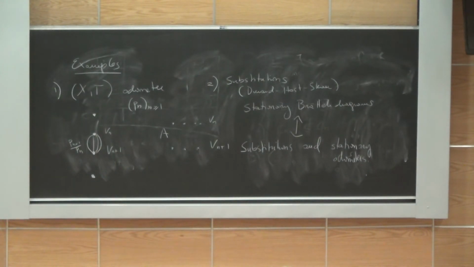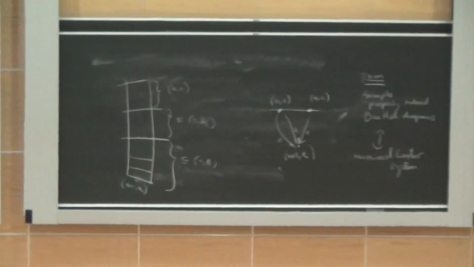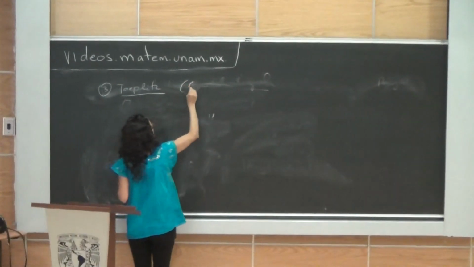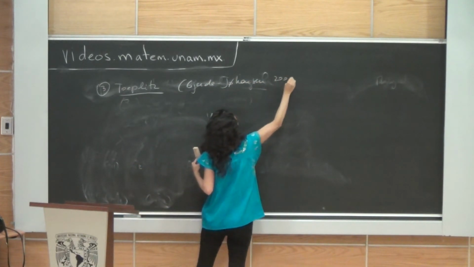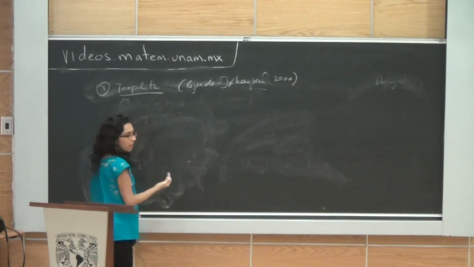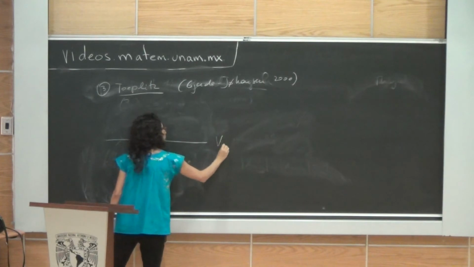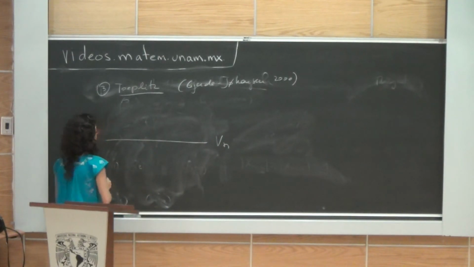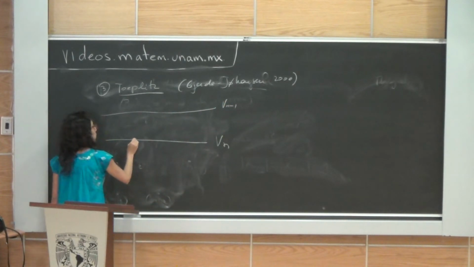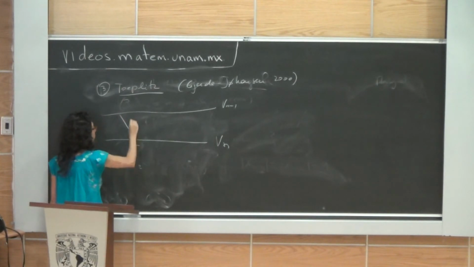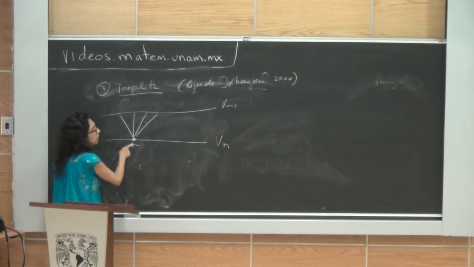And for Toeplitz systems, this is from Gjerde and Johansson, you can always find Bratteli diagrams with the property that if you fix the level n, the number of edges that arrive to each vertex in the level n is constant.